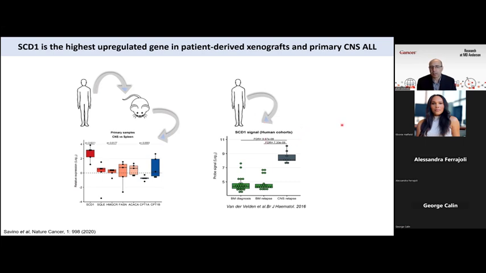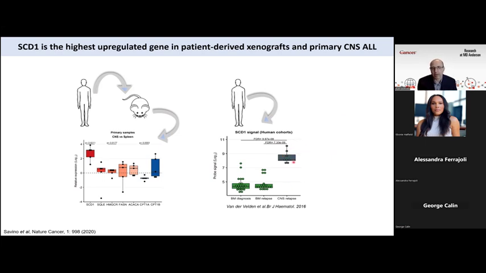Furthermore, this is using a publicly available data set that looks for predictors for CNS involvement from ALL patients, and it shows the presence of SCD expression in CNS relapsed tumors, but in bone marrow cells. This was not done in the CNS.